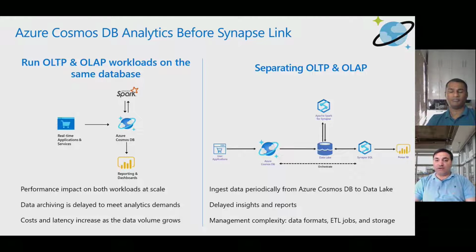From there, you perform offline processing. Both jobs require heavy reads from the OLTP store, which creates challenges in terms of impacting OLTP reads as well as writes, and you need to do a lot of management overhead.